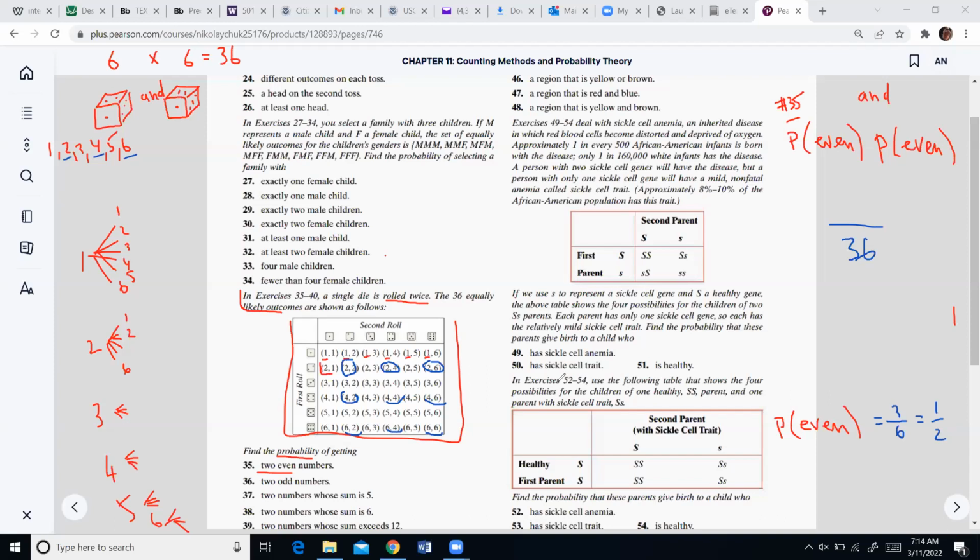So what is this equal to? Well, looks like we have 3 and 3 and 3, so there'll be 9 out of 36, which is exactly 1/4, right? So a quarter of possibilities happen to be here.